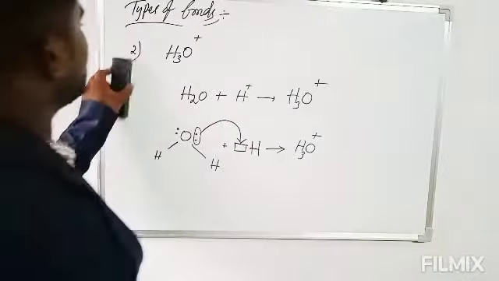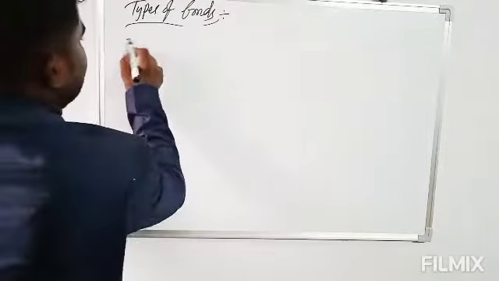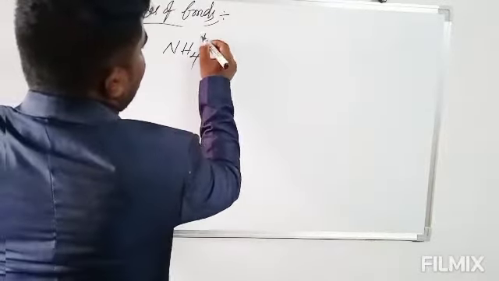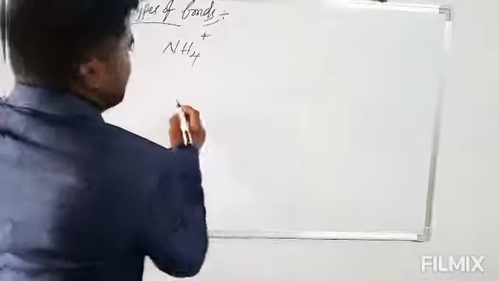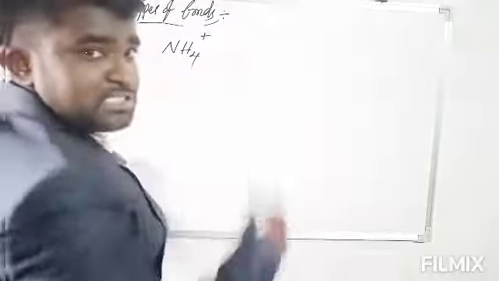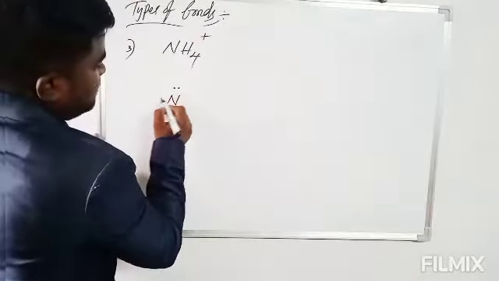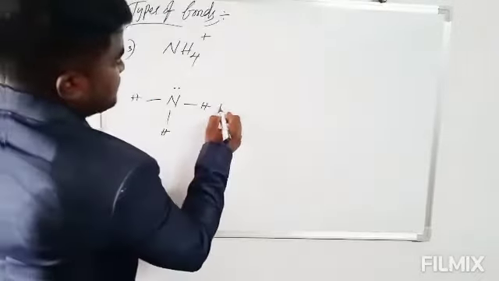Next, the third example: formation of ammonium, NH4+. It is the same as the H3O+ ion. Here nitrogen has one lone pair and three bonding pairs, plus H+.